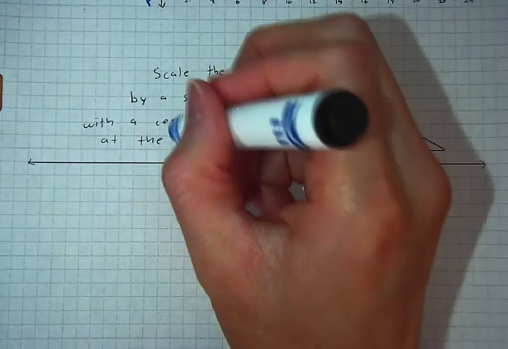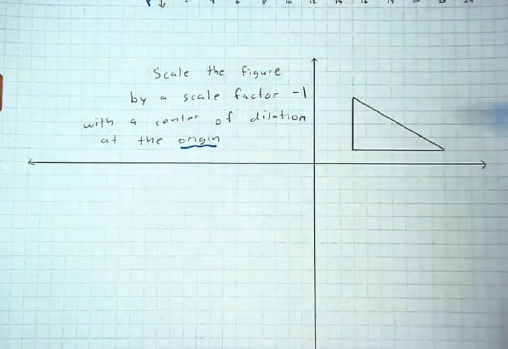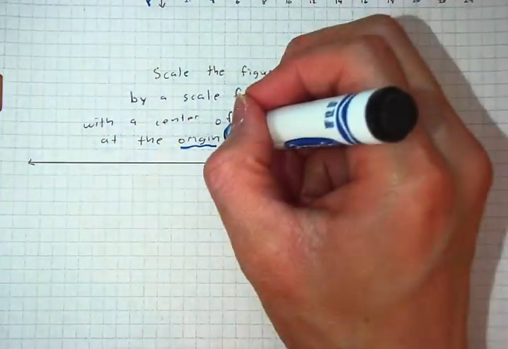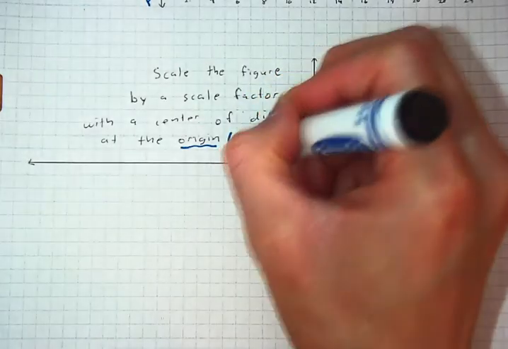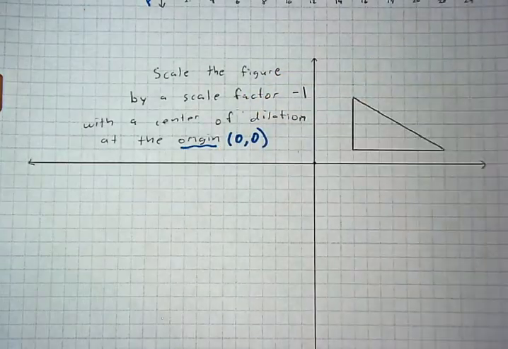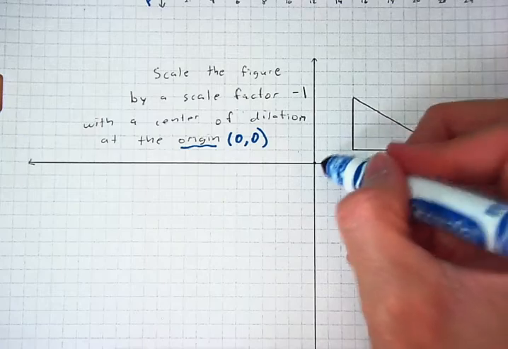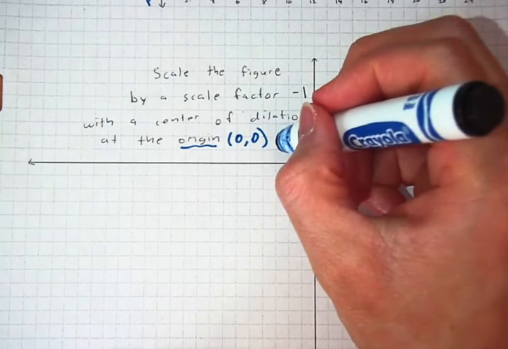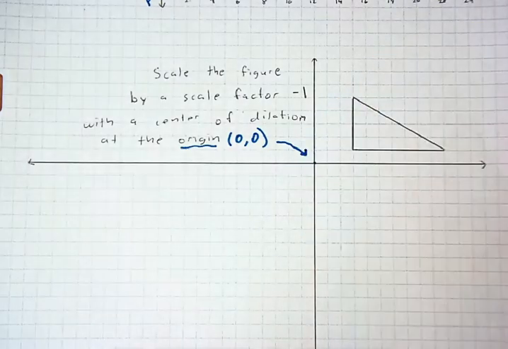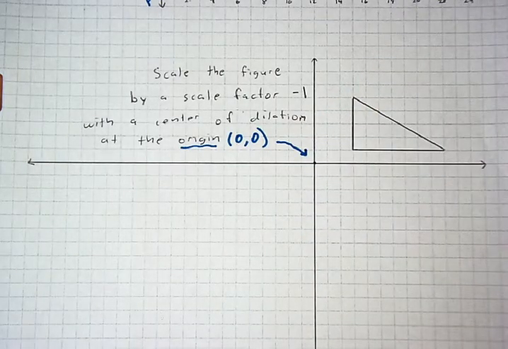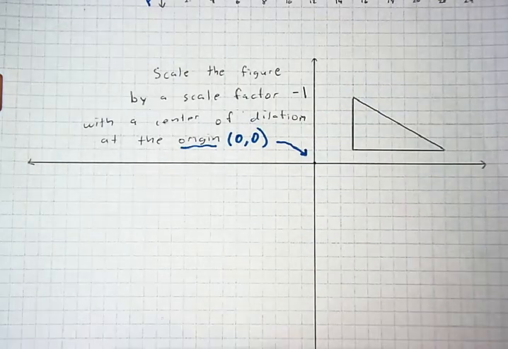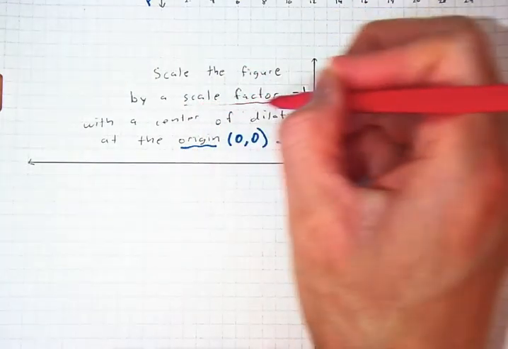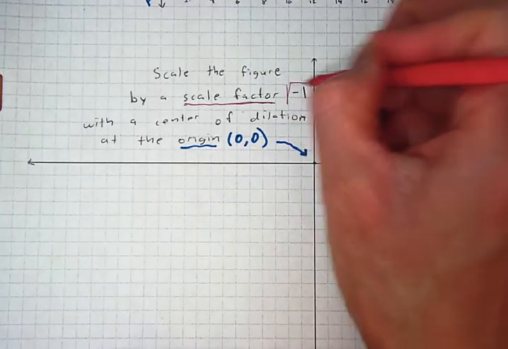And just for the record, this word origin just means 0, 0. So, okay, this here is our center of dilation. And I want to scale this by a scale factor of -1.